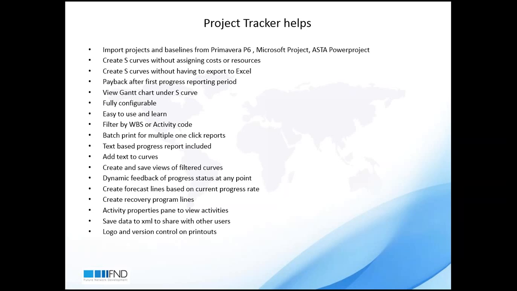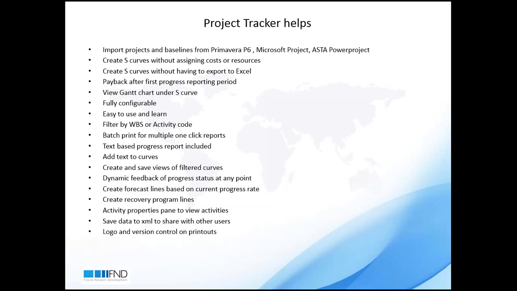As it is text-based, we can make changes on it. We can add some text to curves, giving information about maybe the progress of the project. We can create more than one view, and we can save all these views. And later on, we can print if we choose the batch print functionality.